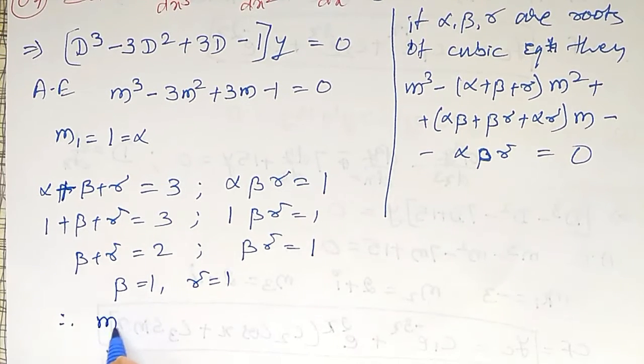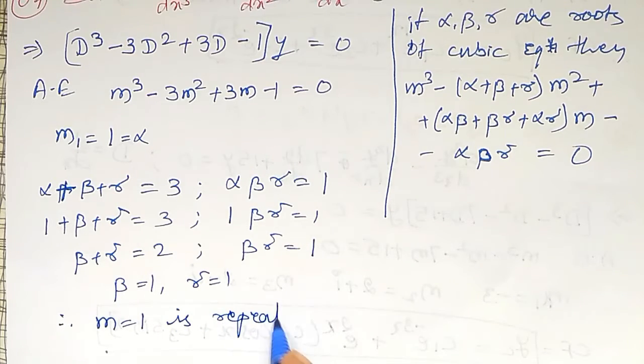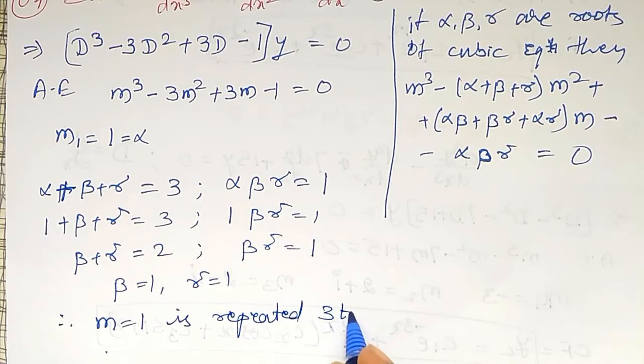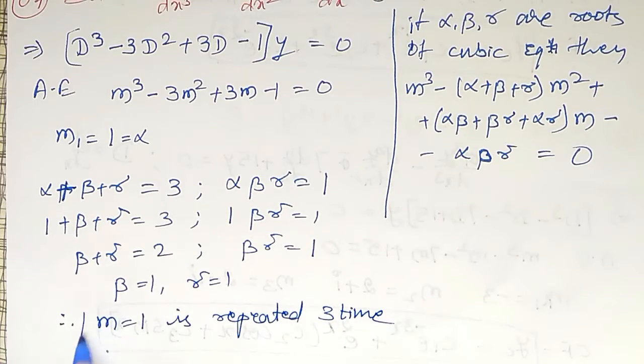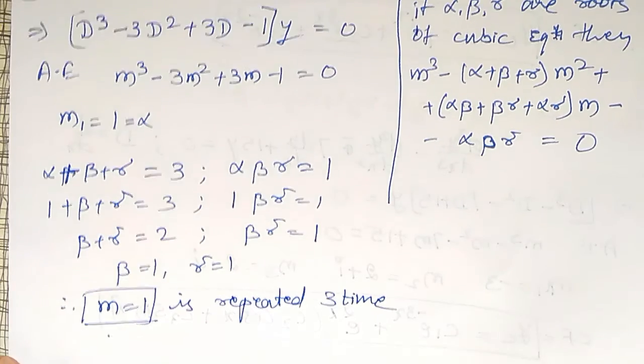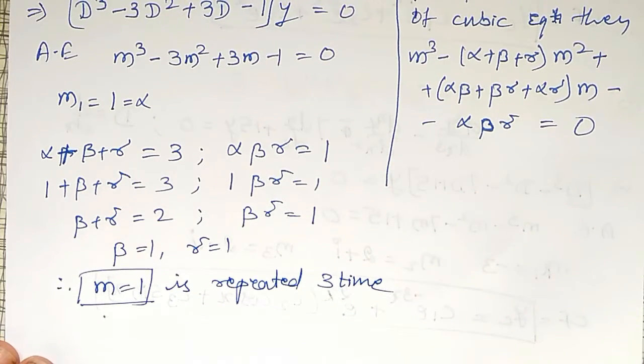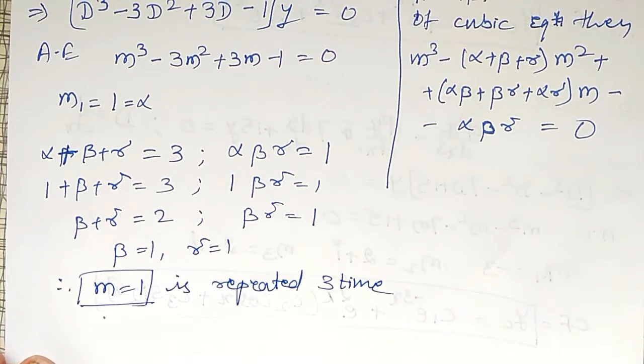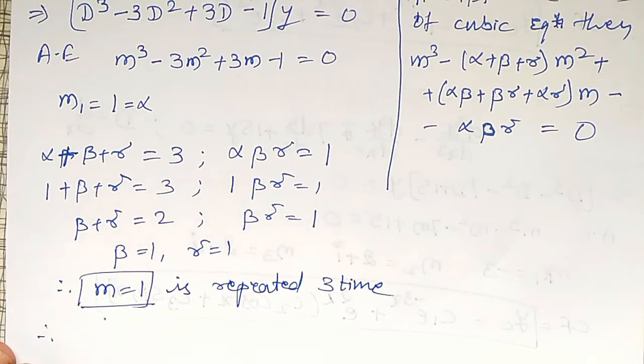Therefore m equal to 1 is repeated 3 times. Usually 2 times were discussed, but here it is repeated 3 times. All the 3 roots are 1 only. Therefore the complementary function, y_c, is (C1 plus C2 x plus C3 x square) e to the power x, since m equal to 1.